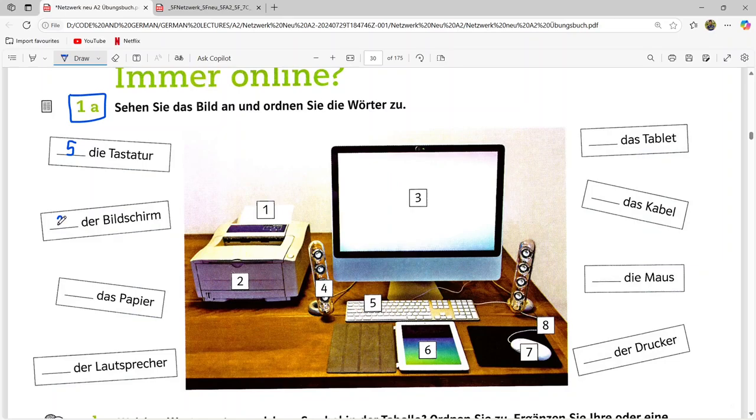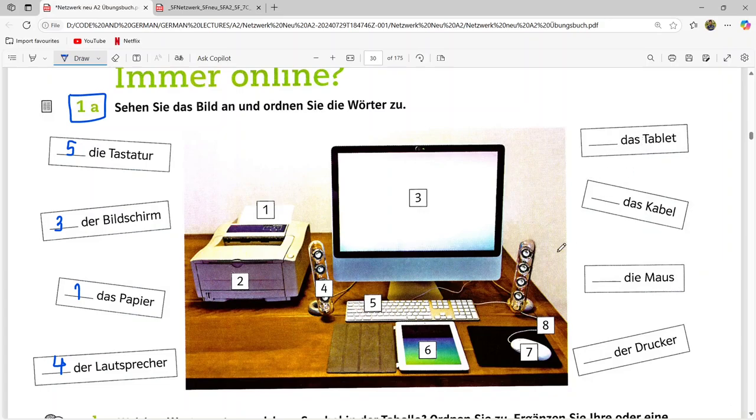So we write here number 3. Das Papier. Papier means paper. So number 1. Der Lautsprecher. Laut means loud. Sprecher means speaker. So der Lautsprecher means loudspeaker, number 4.